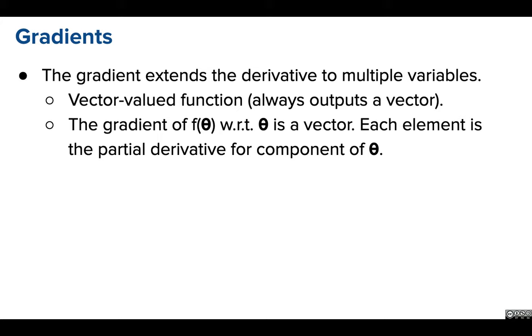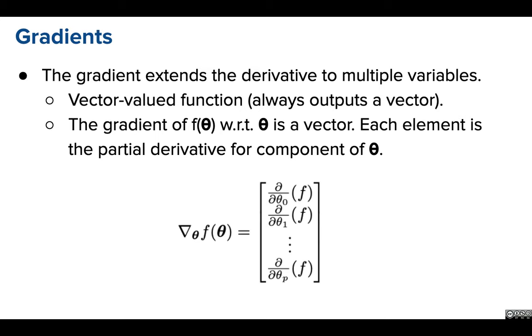This is analogous to taking the derivative of f of x, where x is a single scalar. Here we take the gradient of f of theta, where theta is a vector. The gradient of f with respect to theta is itself a vector, and every component of that vector is the partial derivative with respect to that component of theta.